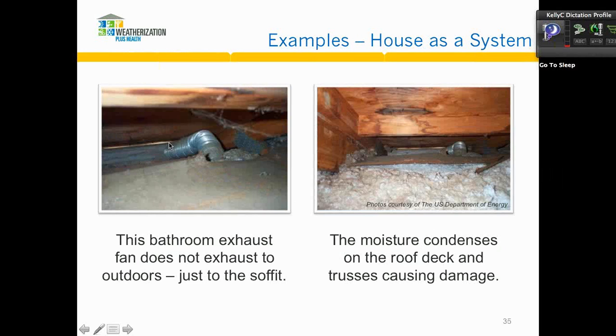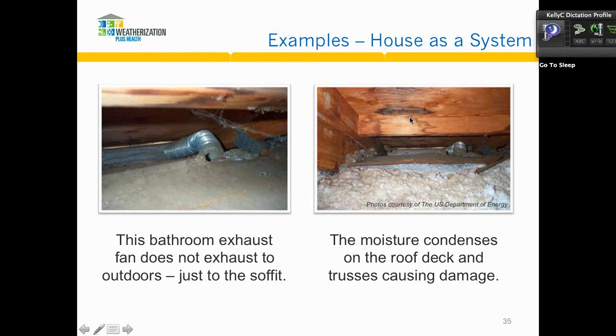If the bathroom fan doesn't exhaust all the way to outside, and this is really typical of what we find out in houses, then it's going to dump all that moisture from our nice hot showers into the attic where it's going to condense on the roof. A lot of times we'll go in homes and the homeowner thinks they have a roof leak. Really what they have is a house leak, leaking all that hot, humid air.